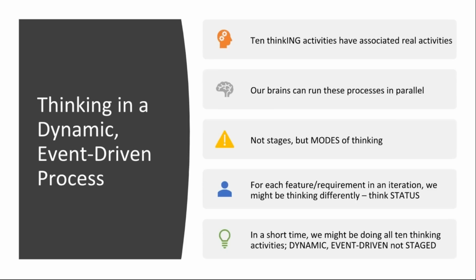Well, that may be, but what are we thinking about? And I think it's what we're thinking about that actually defines the status in a more consistent and reliable way, a meaningful way, I have to say. So if you like, what I'm trying to suggest is that rather than being a series of staged activities, there's a whole lot of very dynamic event-driven activities going on. It's not staged in the good old bad old days of waterfall.